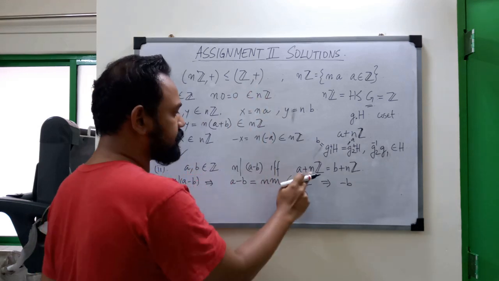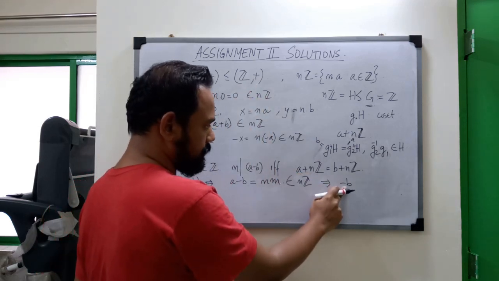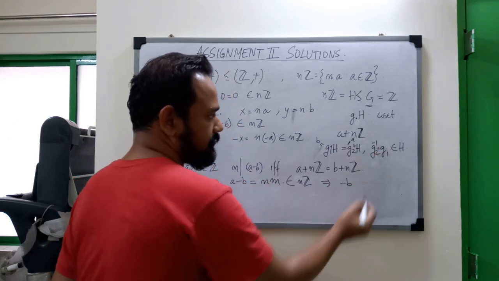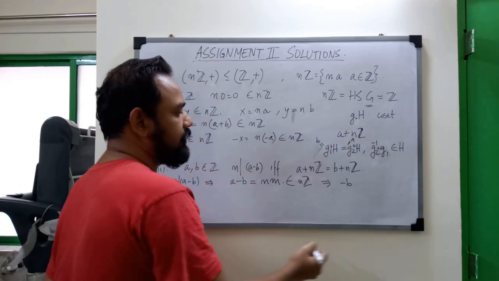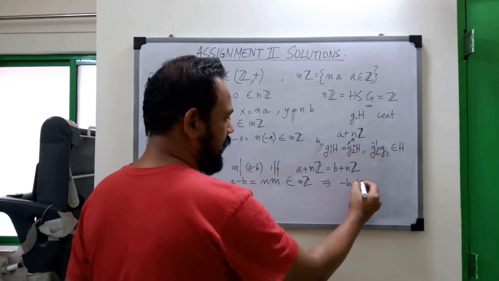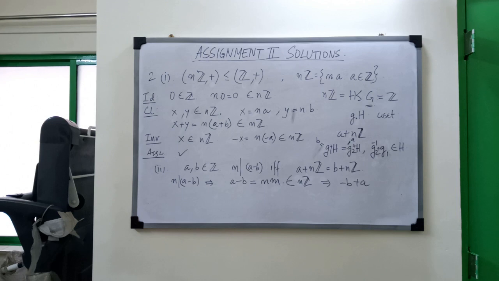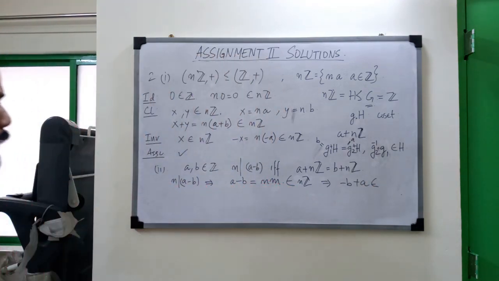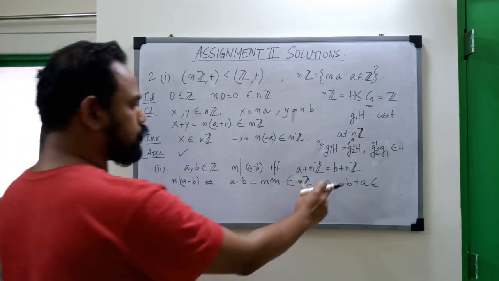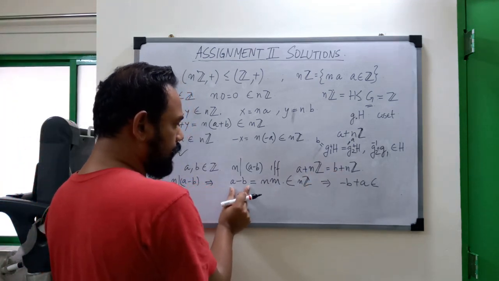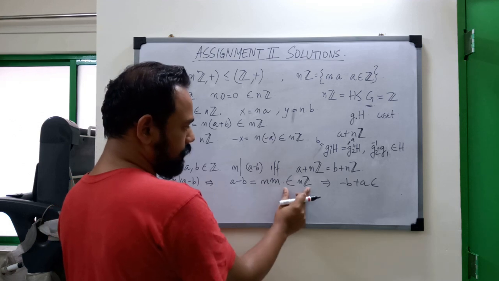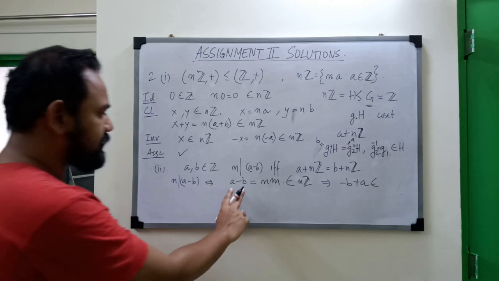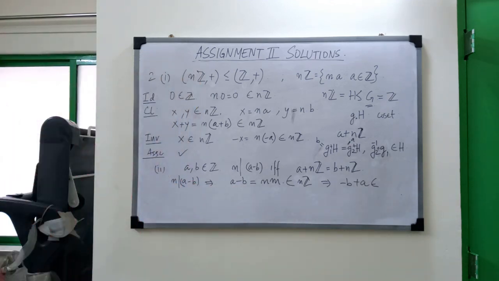Because we are using plus as the operation, the inverse is minus. And this means plus, because the dot here means plus. Plus, what's g1, okay. These two will be equal if this one, that is A minus B, is an element of H, which is true.